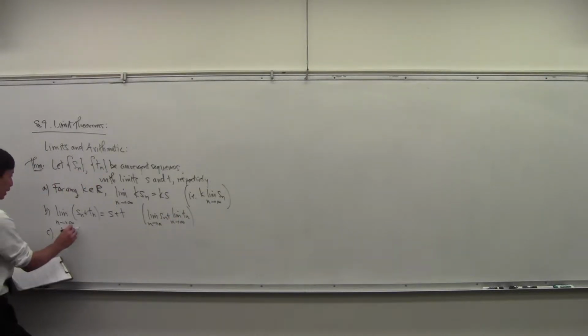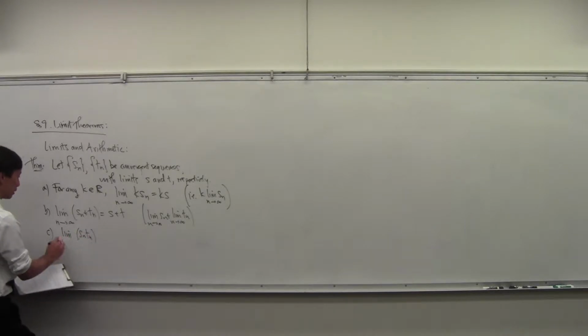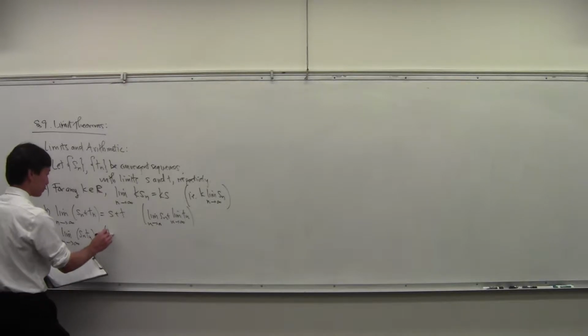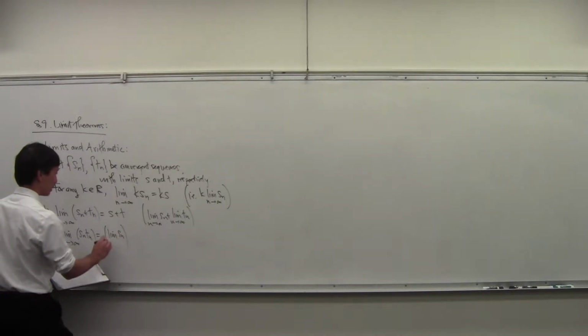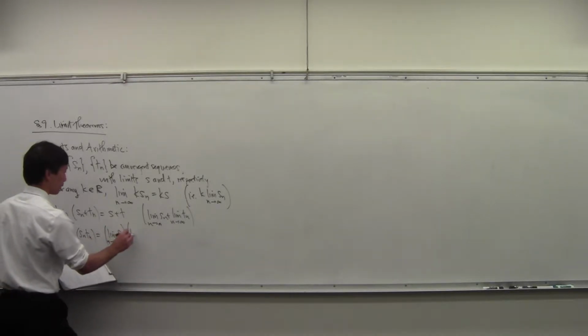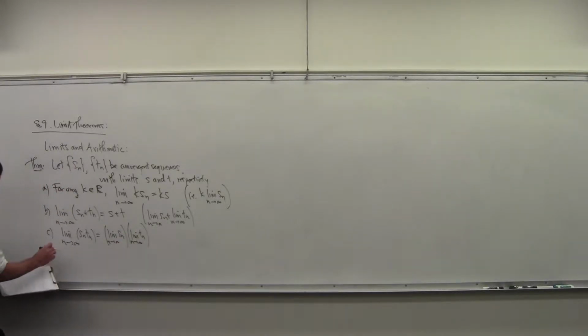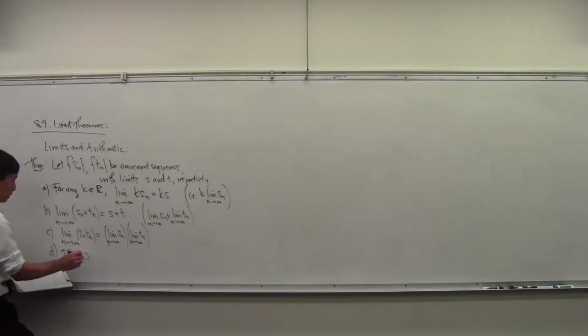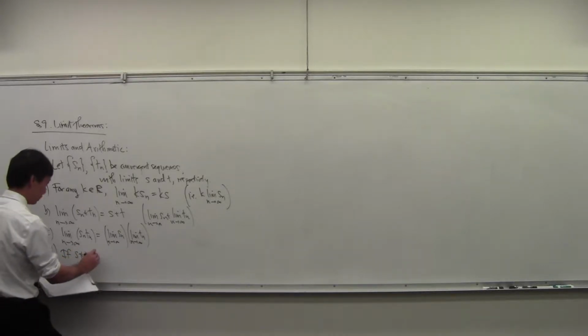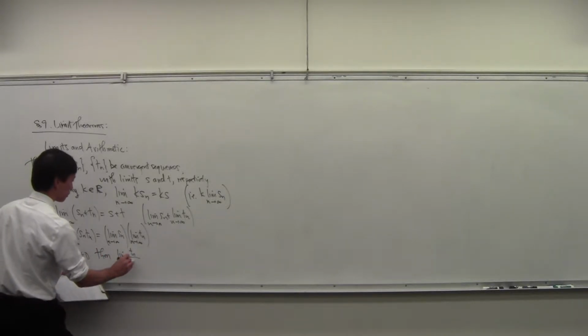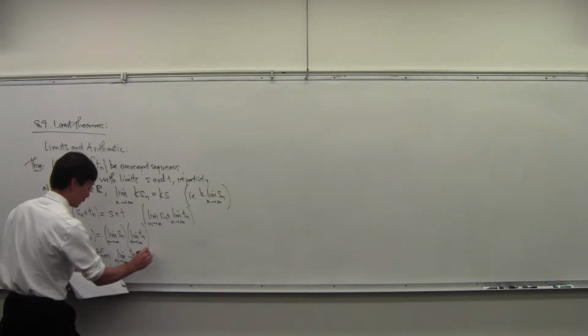The limit of the product is going to be the product of the limits. And if the limit of the s's is non-zero, then the limit of the quotient will equal the quotient of limits.